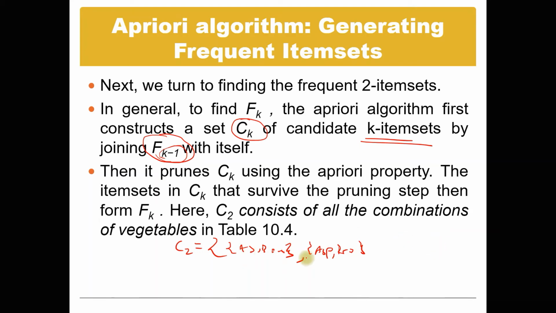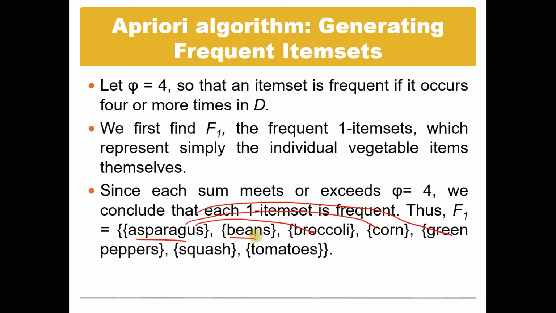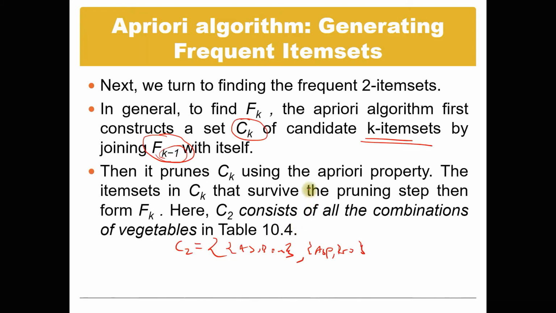How many possible candidates you have for the two item set? It goes on like that. You can imagine now bean broccoli, bean corn, bean green pepper, and so on, okay, up to the end where you get squash and tomato. So you have all these different possibilities that exist that we are going to show you in a moment how they are. So we are going to define the candidate, the two item sets candidate.